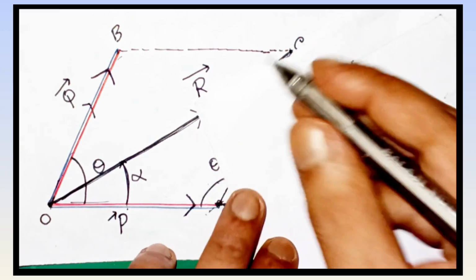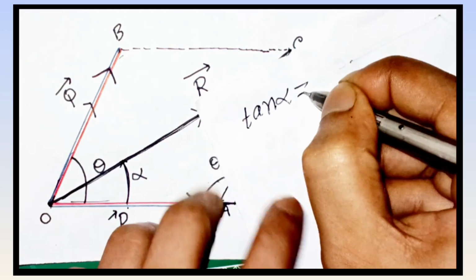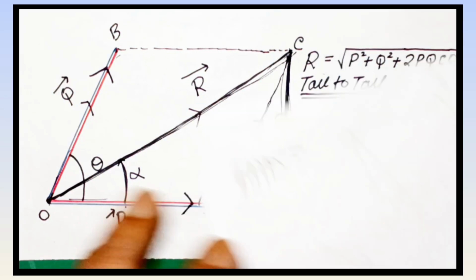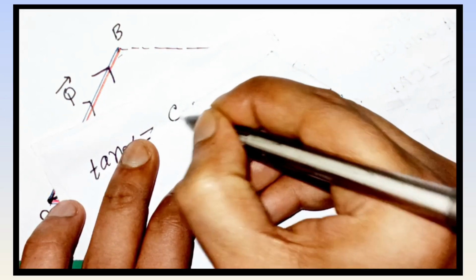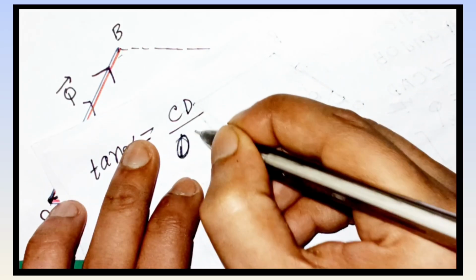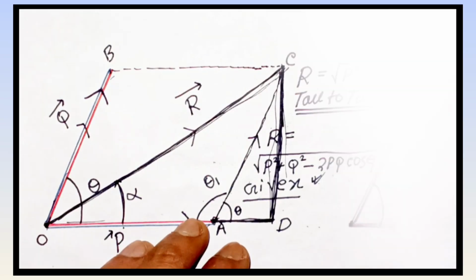Anyway, this is the direction with respect to the base P vector. So we can write tan alpha equals, by trigonometry, perpendicular by base, or height by base, that is CD by OD. We already know that OD equals OA plus AD.